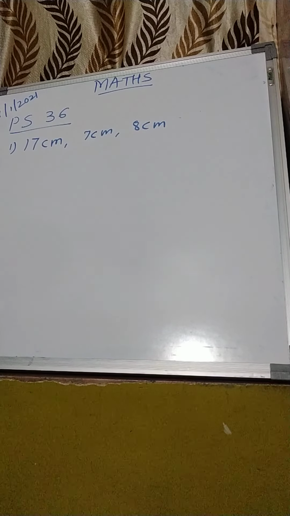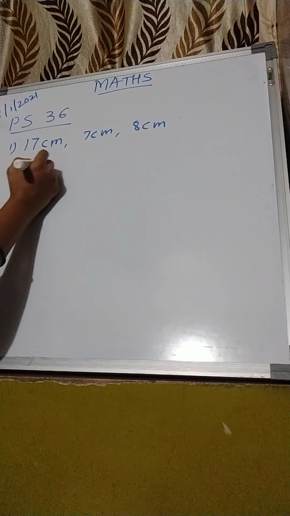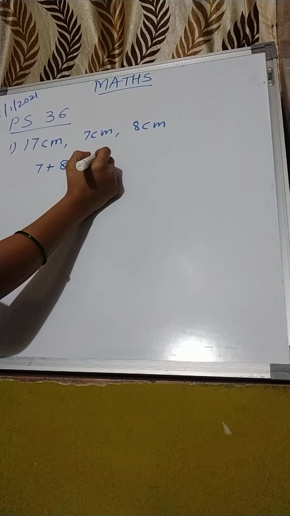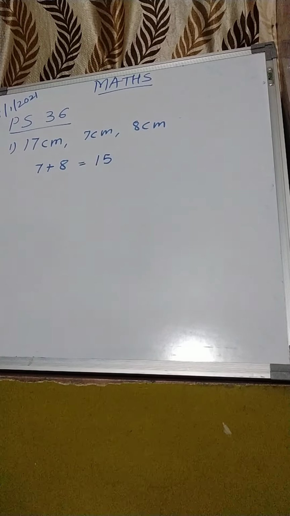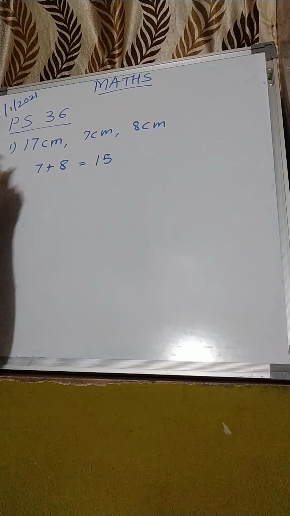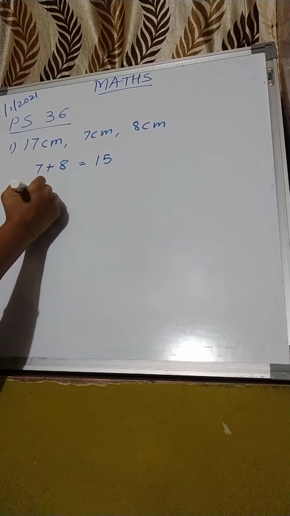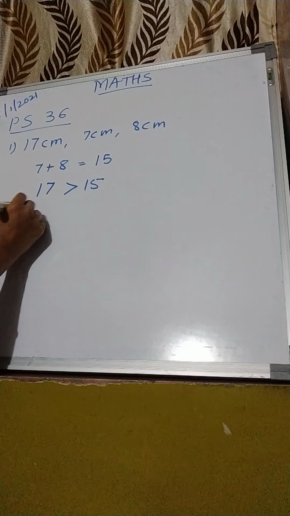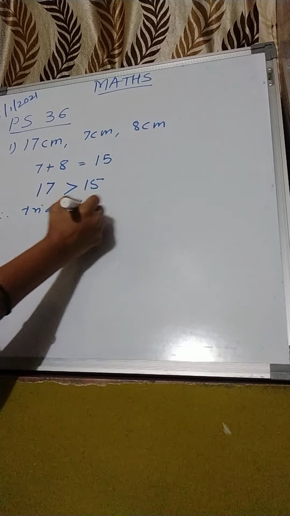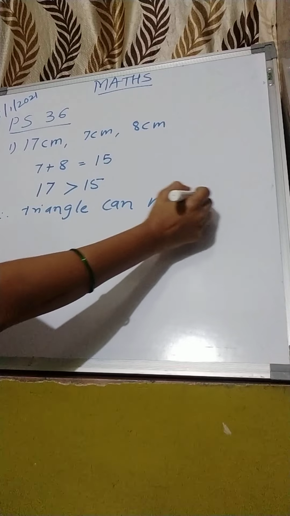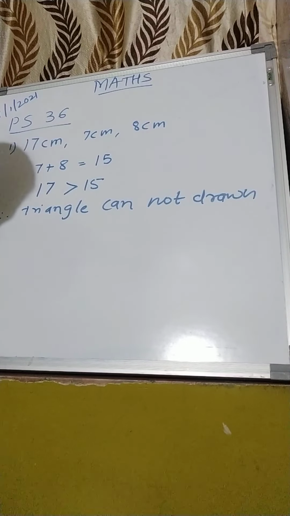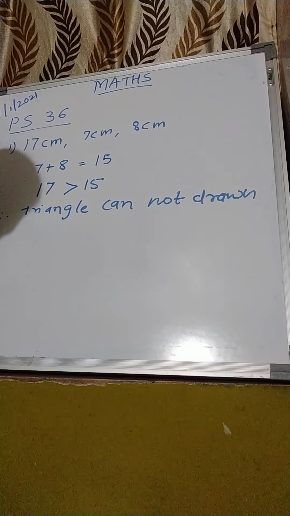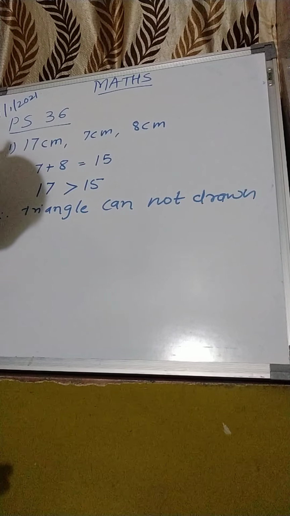So, a triangle cannot be drawn. 7 plus 8 is equal to what? 15. 15 is smaller than 17. So, 17 is greater than 15. Therefore, triangle cannot be drawn. If this sum is greater than the third side, then we can say that the triangle can be drawn.